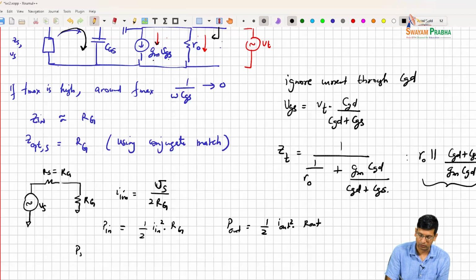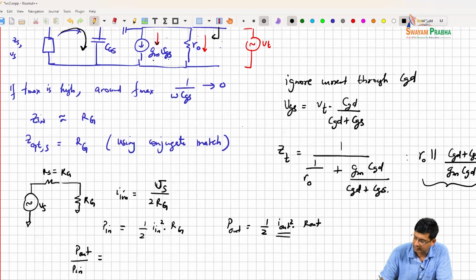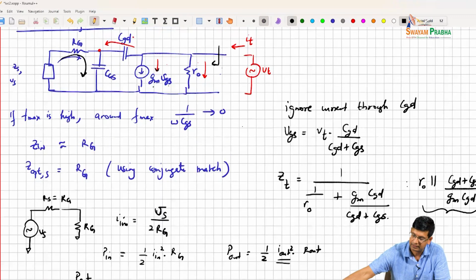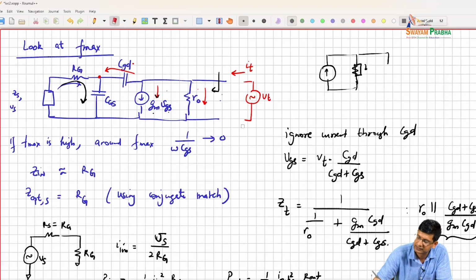And if I try to do P out divided by P in, the current I out is flowing from a current source on the output side, and there is the Z out of the device and the ZL of the device, right?